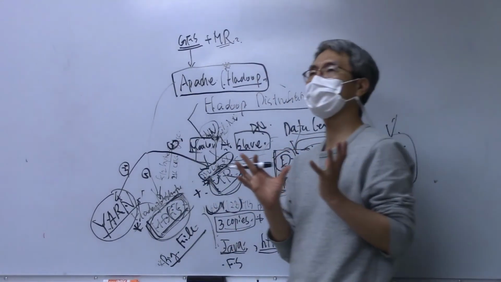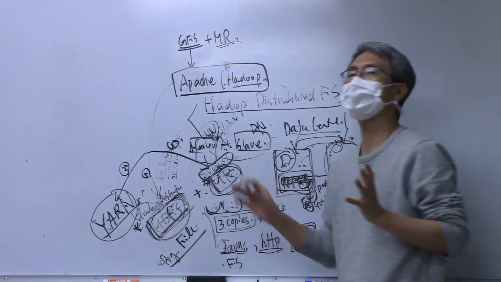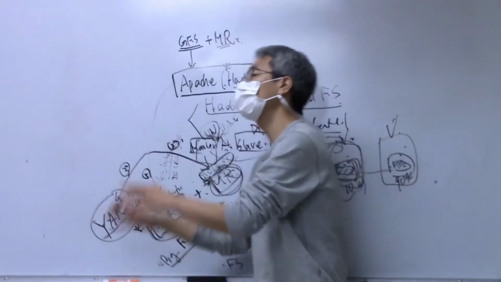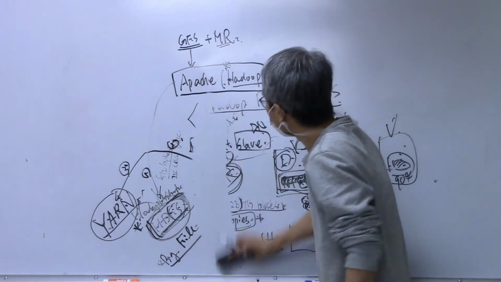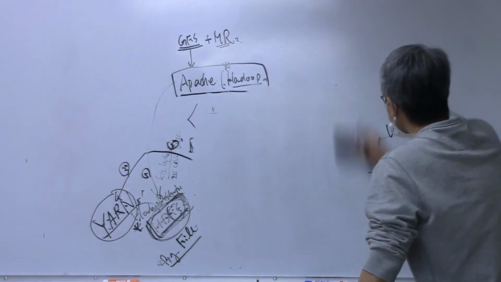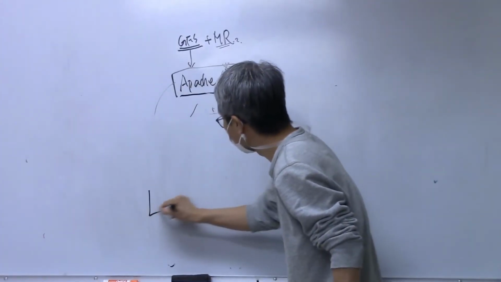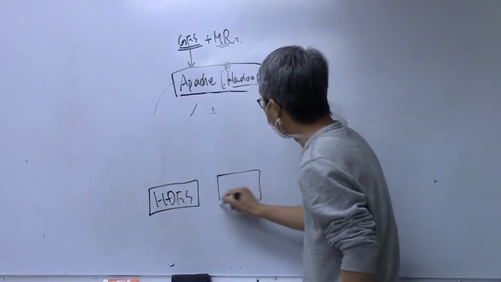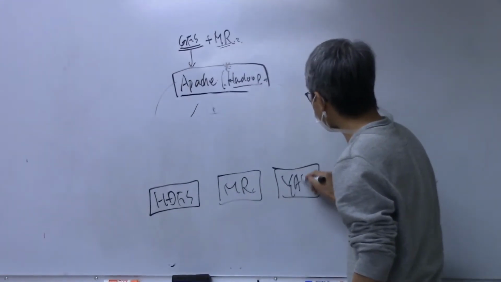So when we say you install the Hadoop system, that means the three components are installed. Are they all the components of Apache Hadoop? No. So we have the HDFS, the MapReduce framework, and the YARN resource manager.